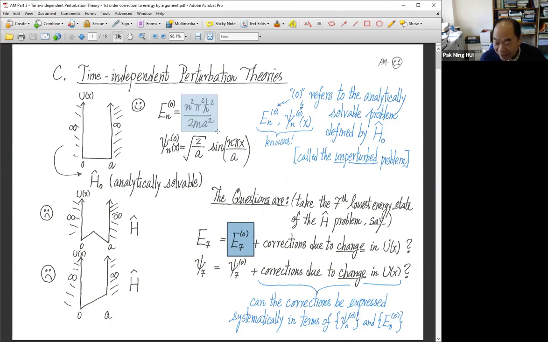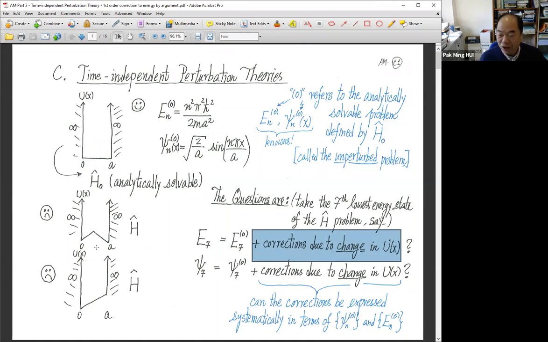But there must be some correction due to the difference between this problem and that problem. So we want to look for these corrections due to the change in the U of x, flat versus V-shaped, inverted V-shape.